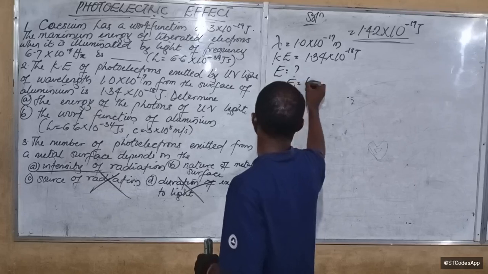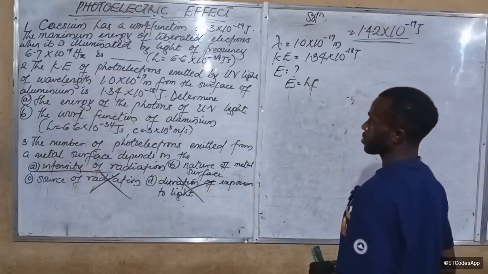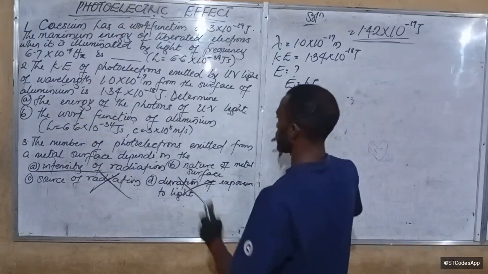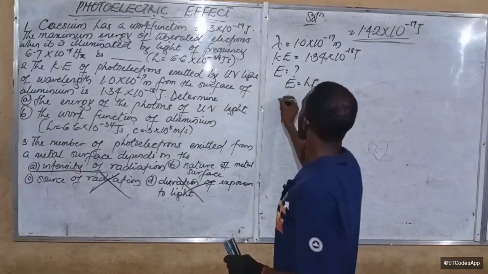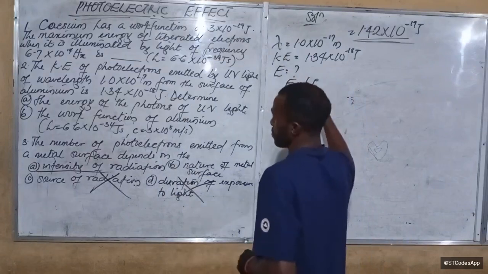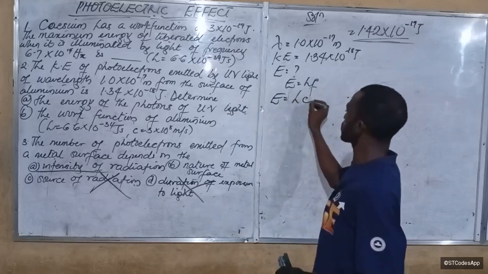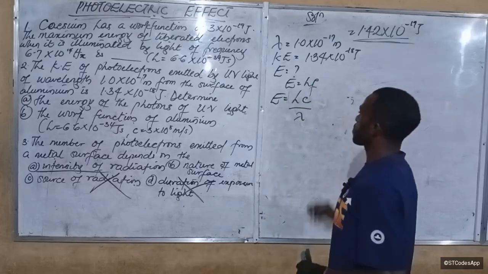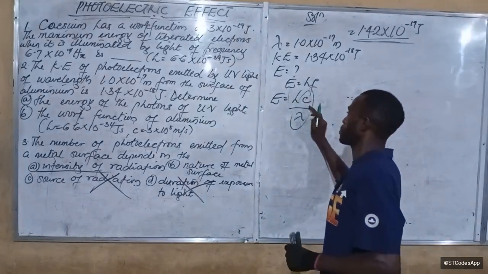Recall that the energy is given by hf, right? Okay. And we are given h, but we are not given f. Since we are not given f, we can say that E is also equal to hc over lambda, because f is v over lambda, or c in this case because it is the speed of light.